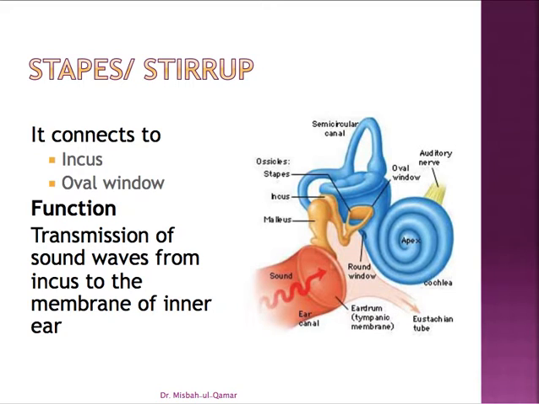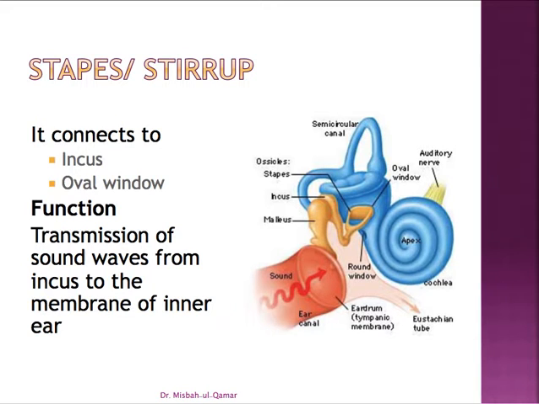An interesting bit about stapes is that it is the smallest and the lightest bone of the human body, and on one end it connects to incus, while on the other end it connects with the oval window.